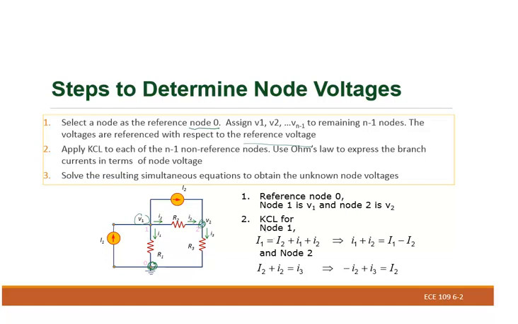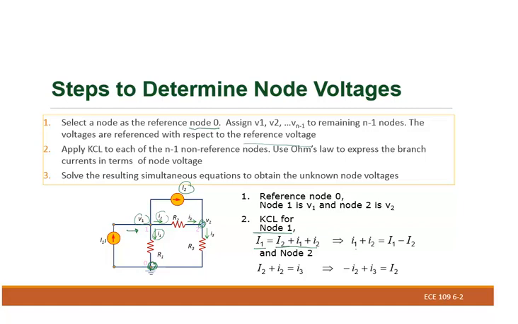So first, node 1, if you look here, capital I1 going in will be equal to capital I2, which we have here, plus lowercase i1 plus i2 here, because this is going out, this is going out, you can see here.